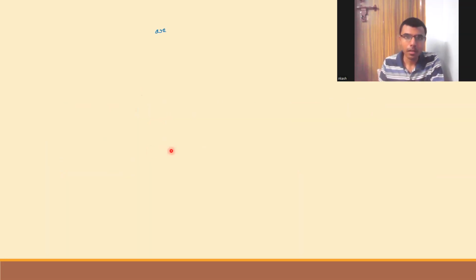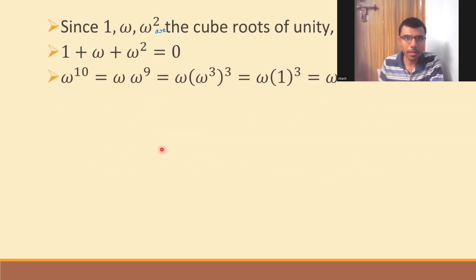Omega power 10, I can write it as omega into omega power 9. Omega power 10 can be written as omega power 1 plus 9, and that can be written as omega power 1 into omega power 9. Why? Because a power m plus n is a power m into a power n, laws of exponents.